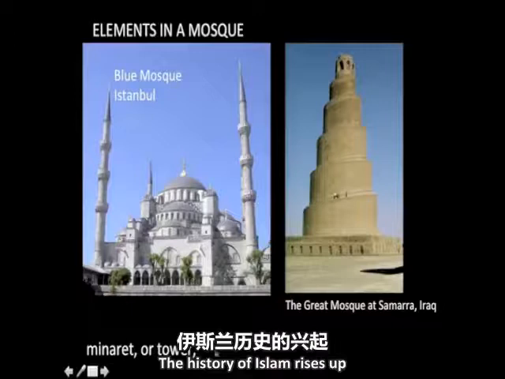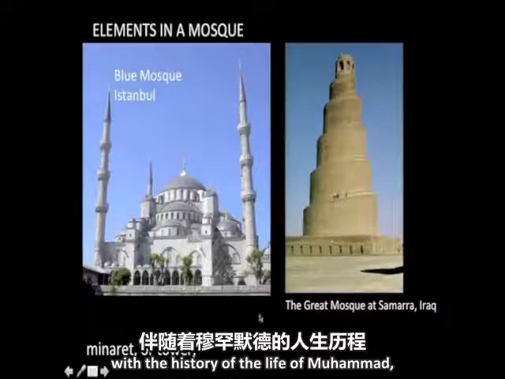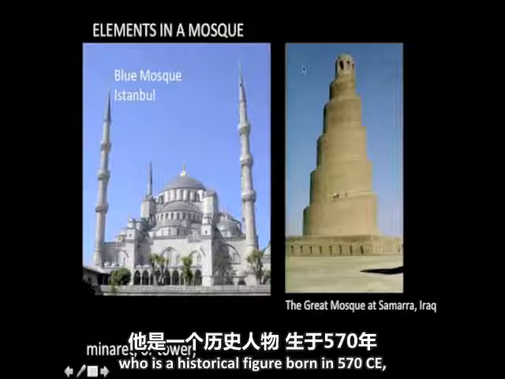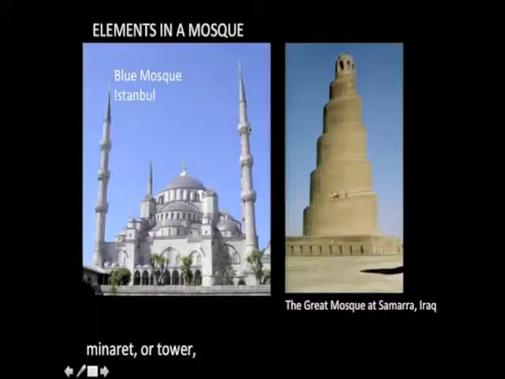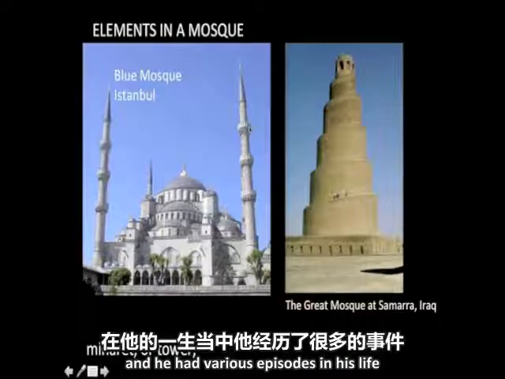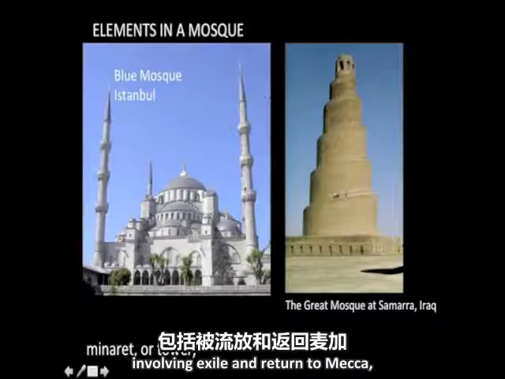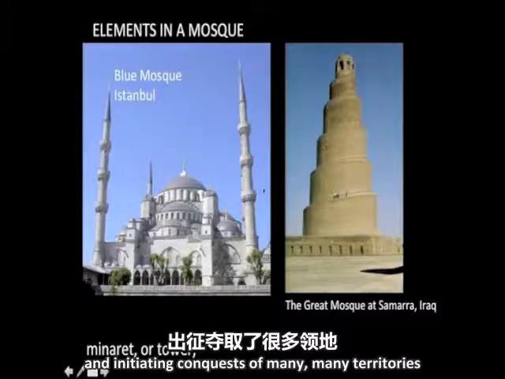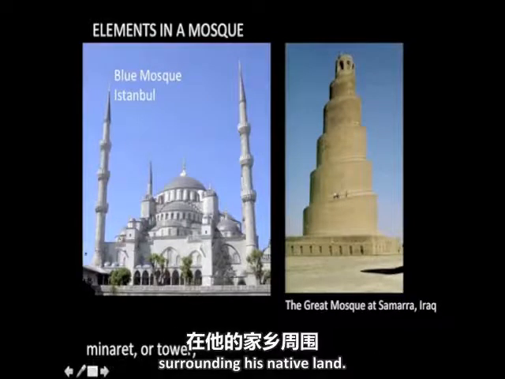The history of Islam rises up with the history of the life of Muhammad, who is a historical figure born in 570 CE, and he had various episodes in his life involving exile and return to Mecca, and initiating conquests of many, many territories surrounding his native lands.